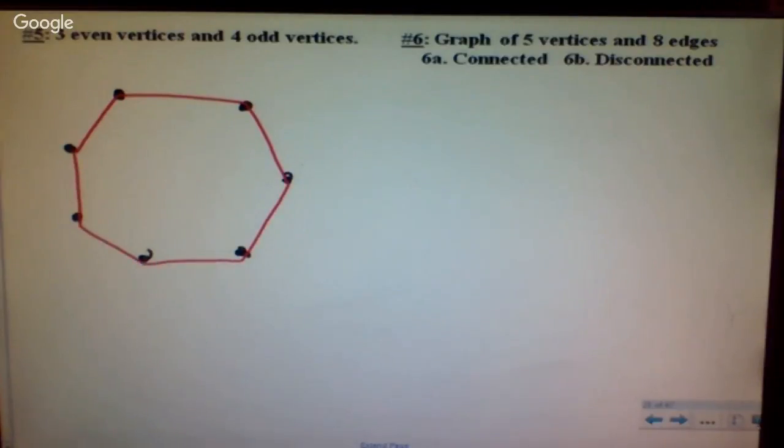Okay? Don't connect anything in the middle. Well, my dot's in the middle. So, okay, draw a path from one dot the whole way through and back. You want to connect them all.